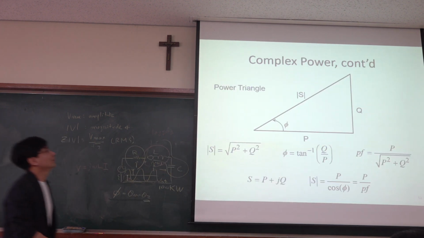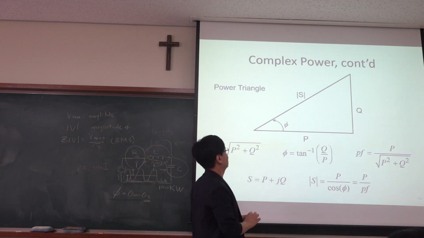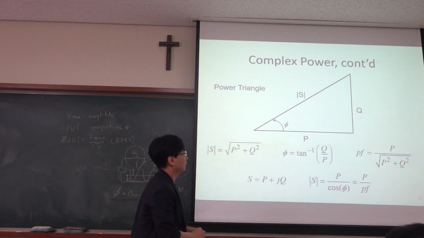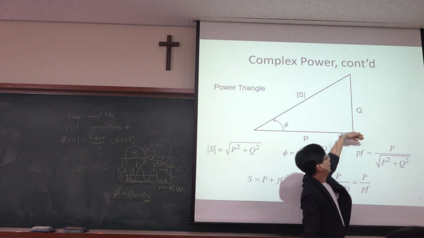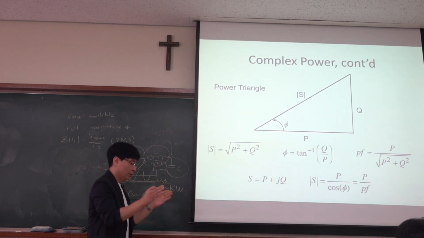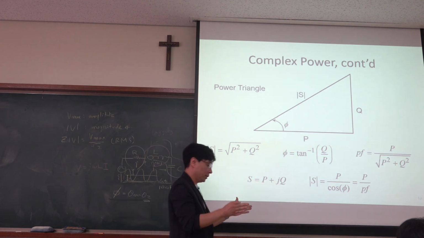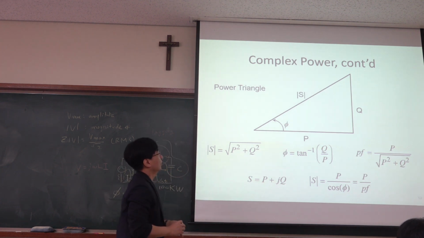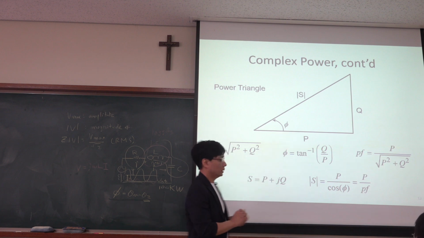Yeah. So this is a power triangle. We have real power and reactive power, P and Q, and the magnitude of that is the magnitude of complex power denoted by the absolute value of S, and this theta is the power factor angle.